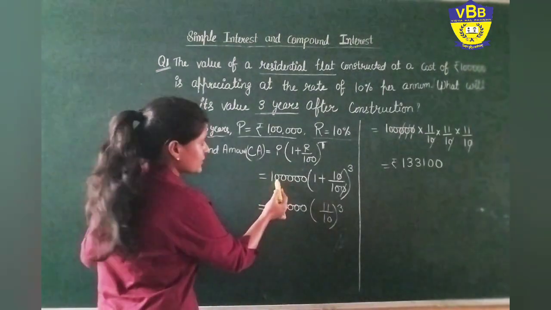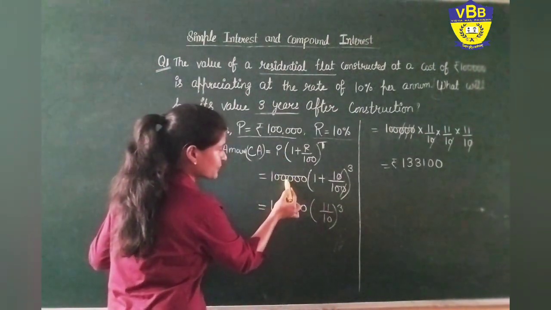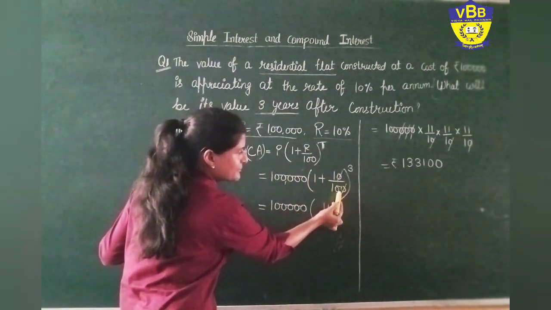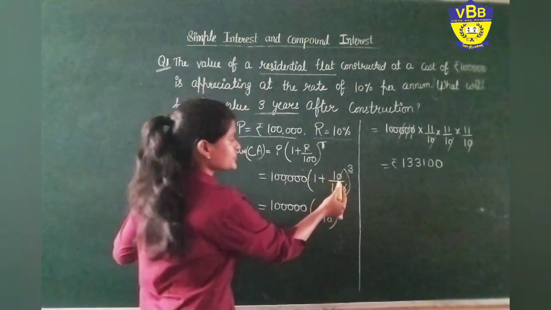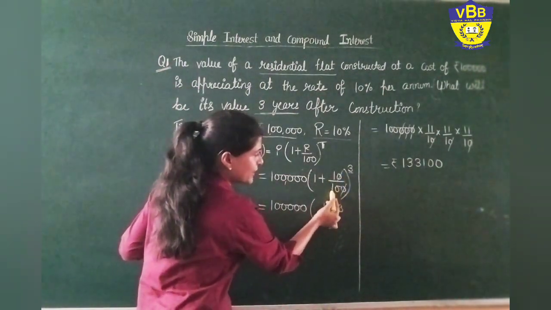So this principal is 1 lakh rupees, 1 plus 10 by 100, and time period is 3 years. So 1 by 10.